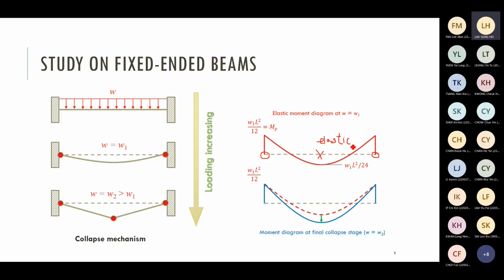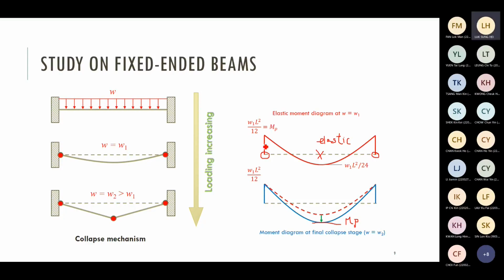So in theory, you can add more loading until the middle point also reaches the plastic moment. In terms of structural design, that means you can utilize this kind of plastic hinge formation to increase the utilization rate of this beam.